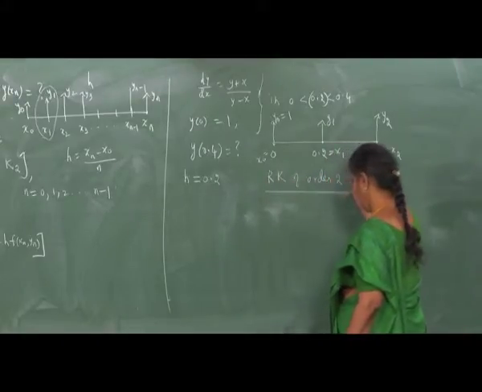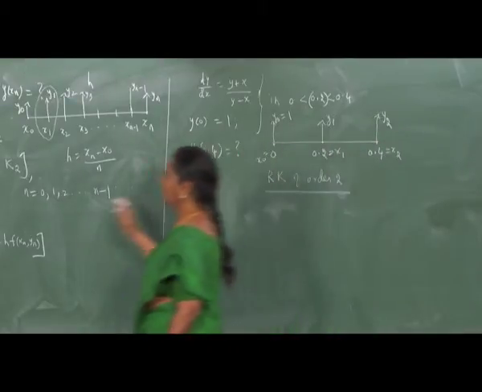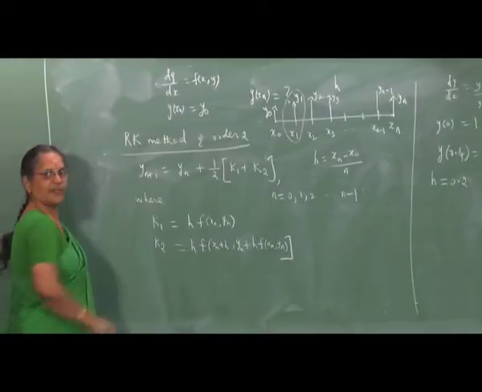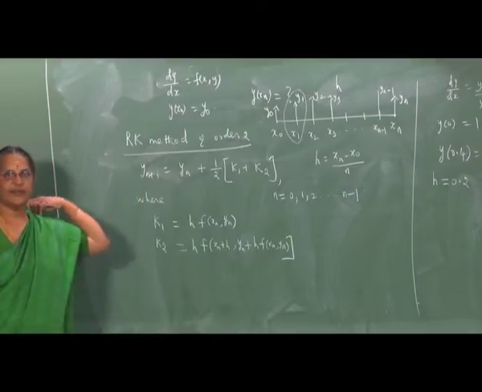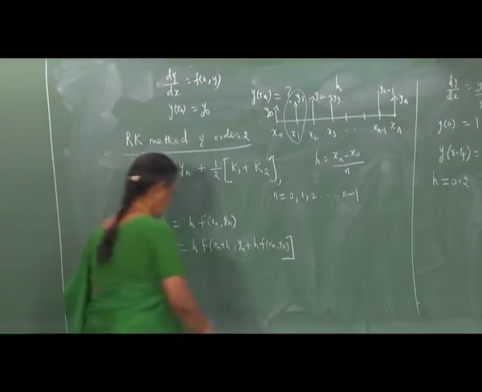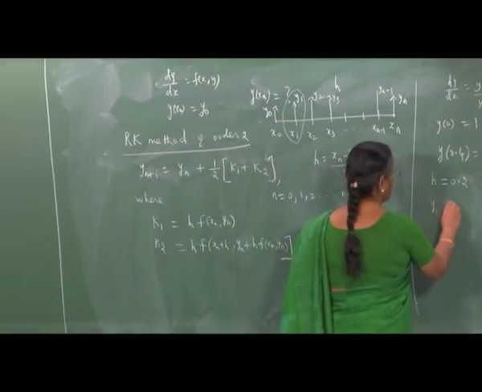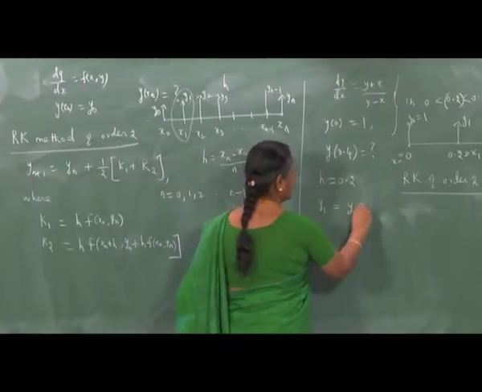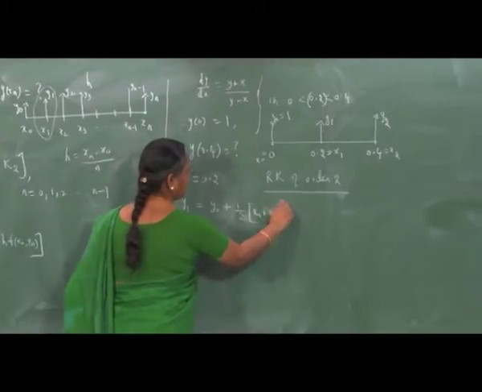So, let us see how we can obtain the solution. We already have derived Runge-Kutta method of order 2, and we know that we have to use this to obtain the solution of that problem. So, what is y1? y1 will be from here y0 plus half of k1 plus k2.